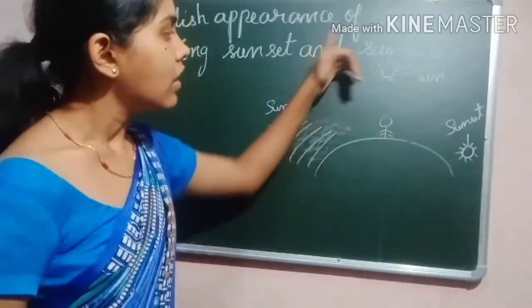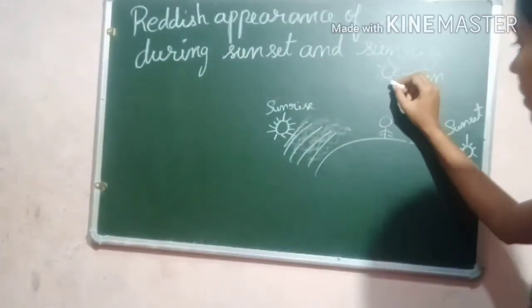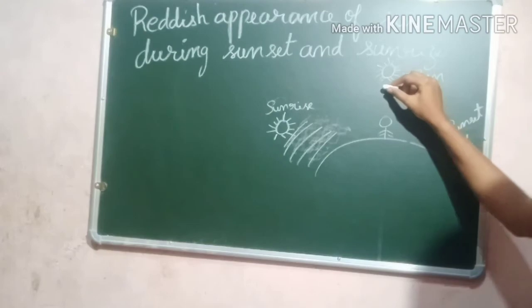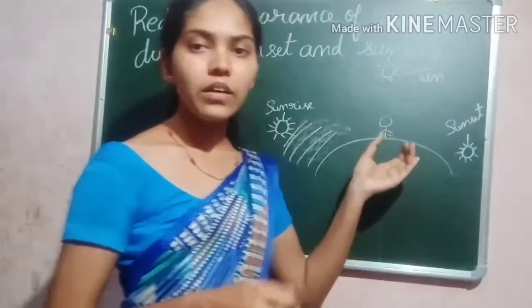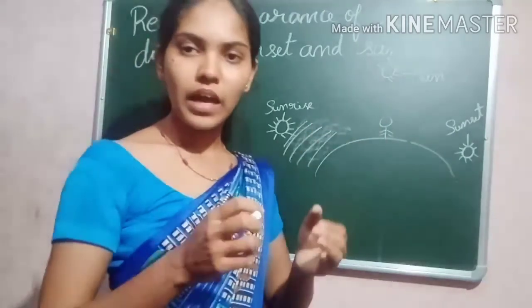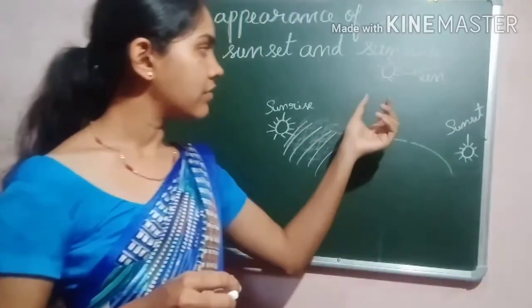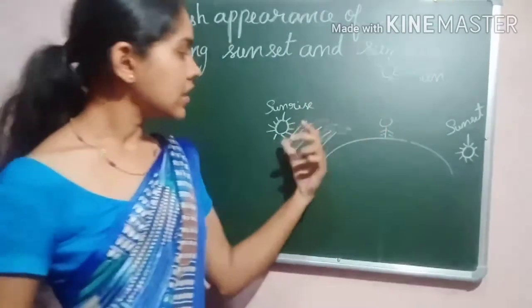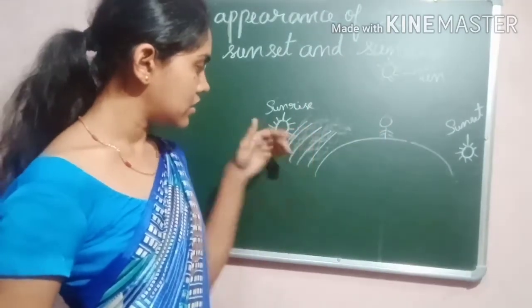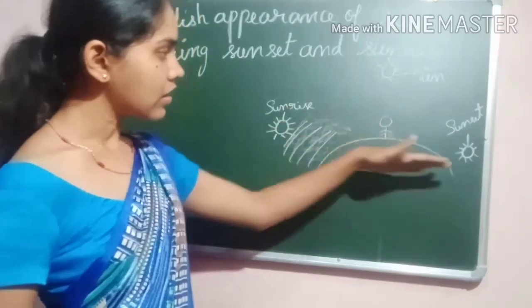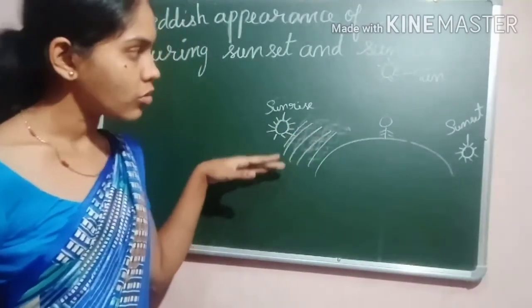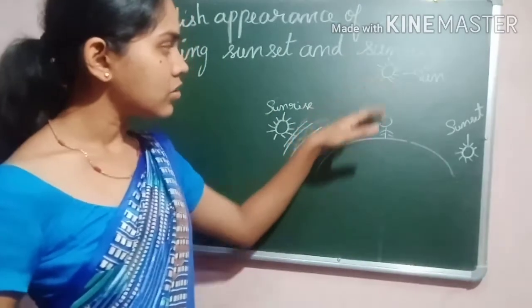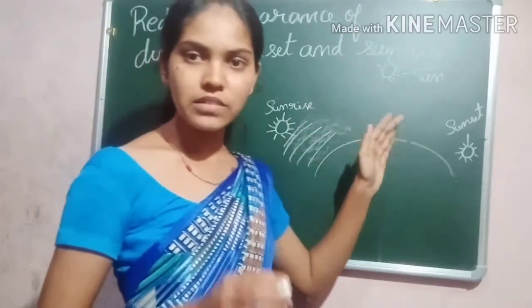That is why we can see the white color light. Only a little of the blue color, the color which has the least wavelength, is scattered. Here the scattering is very less. Near the horizon the scattering of light is more, and at noon time the scattering of light is less.